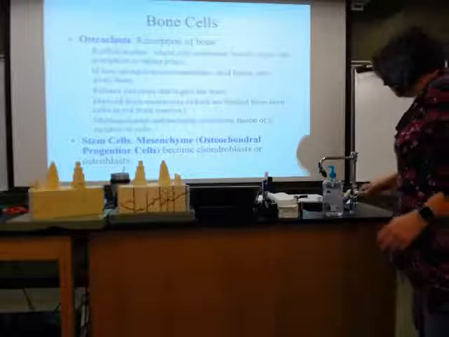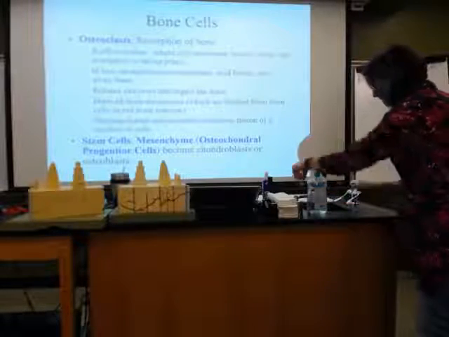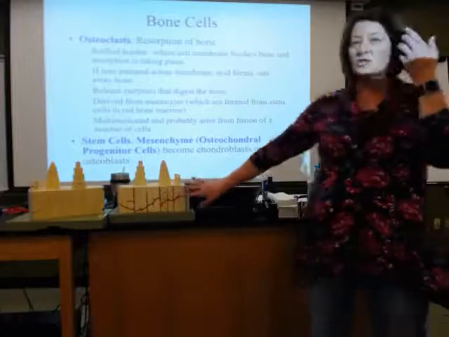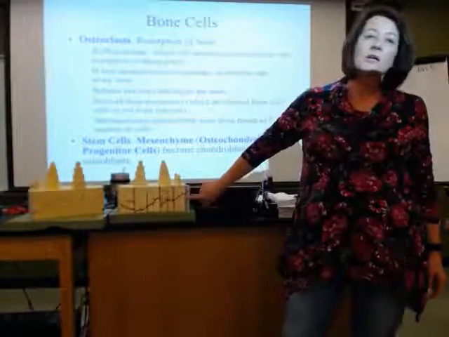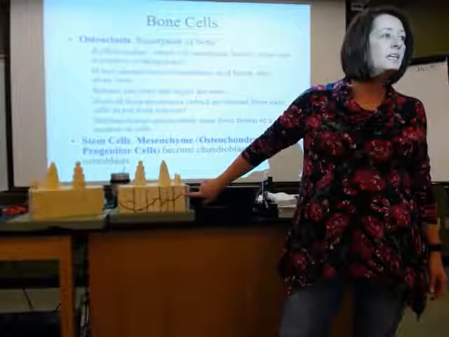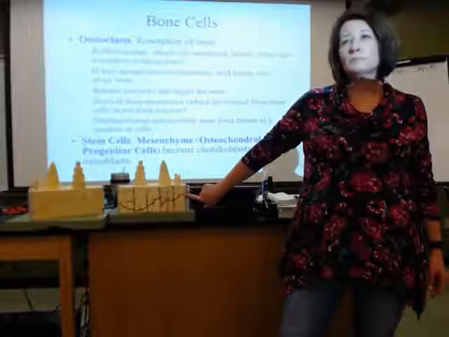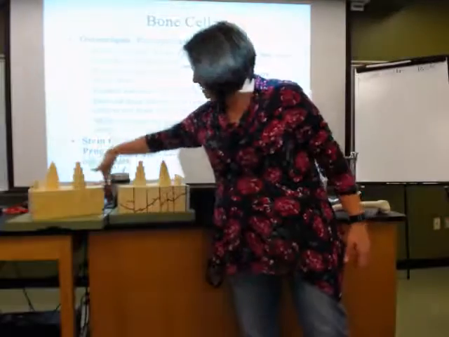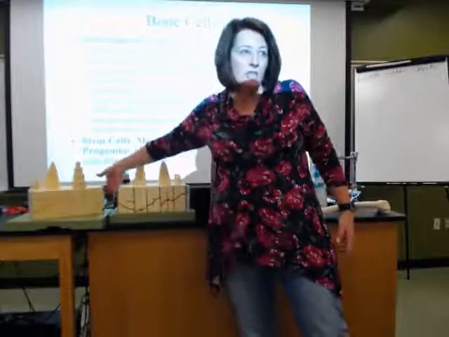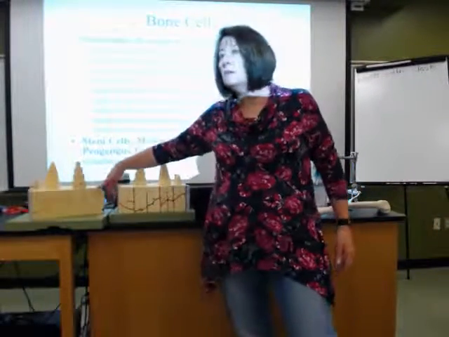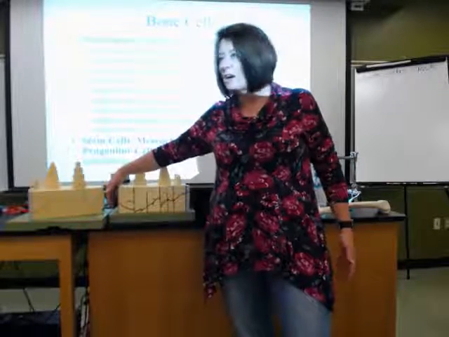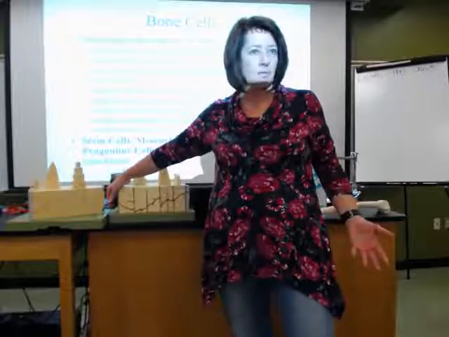And in looking at this structure right here, from here to here, it's representing my compact bone. This part that's down through here that looks spongy, okay, that's going to end up being my spongy bone. And the area for my marrow, that sort of thing. Okay?